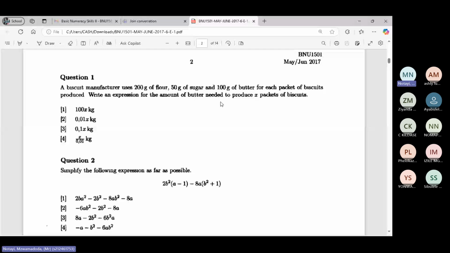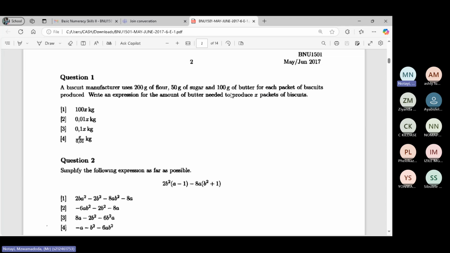So the total amount of butter needed is the 100 grams of butter multiplied by the number of packets that are produced, which is X.